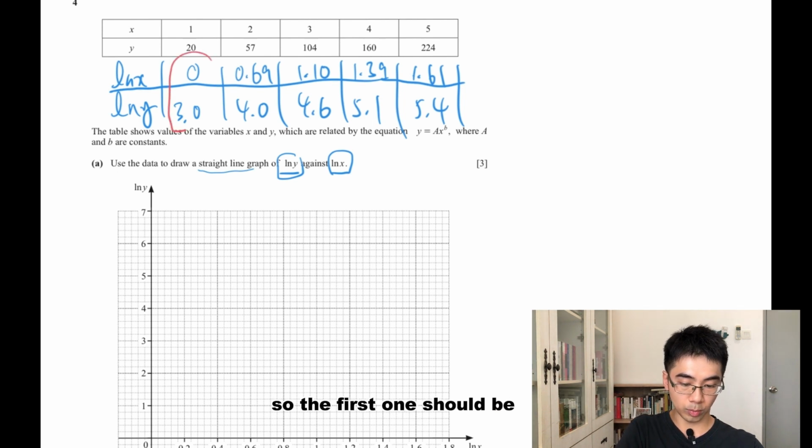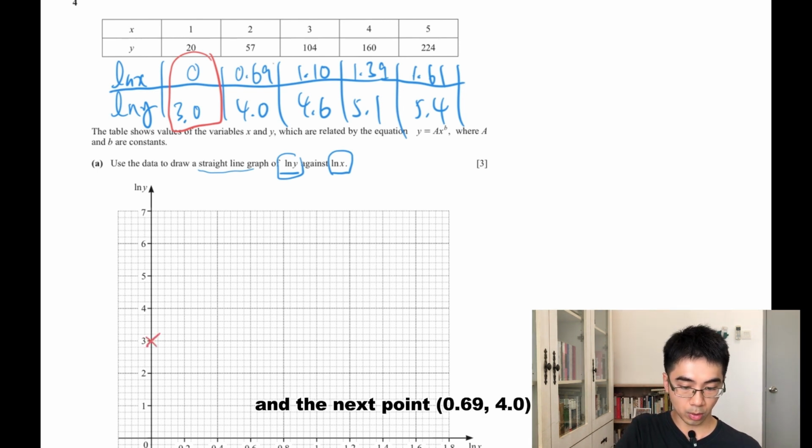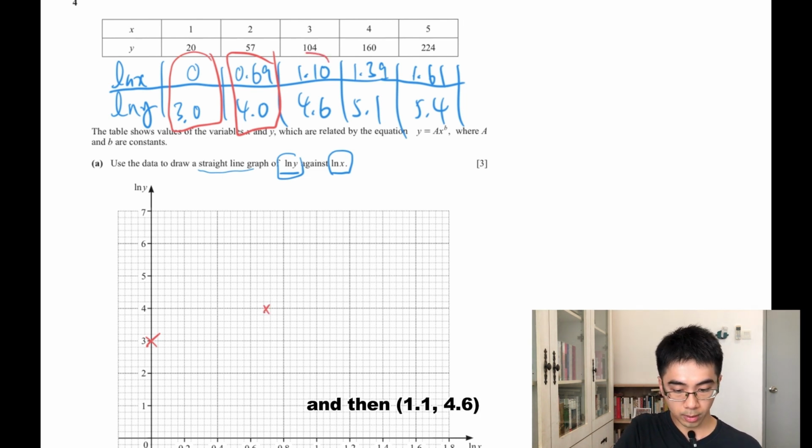So the first one, natural log x is 0 and natural log y should be 3. So we'll get this point, the very first point. And the next point, 0.69, which is near 0.7, and then 4.0 should be here. And then 1.1 and 4.6 should be somewhere here.